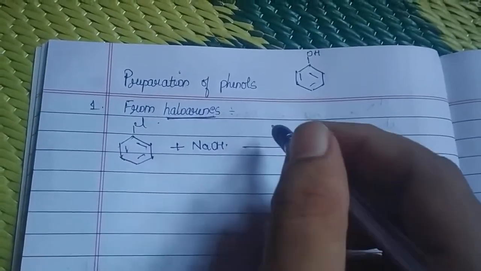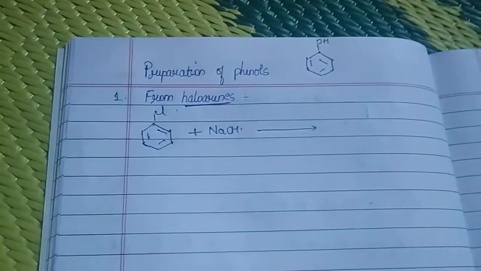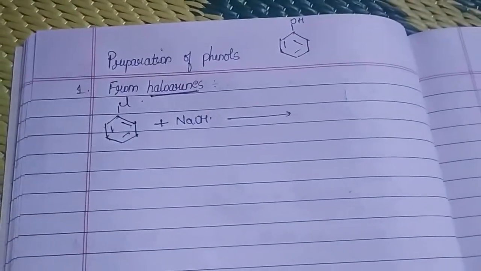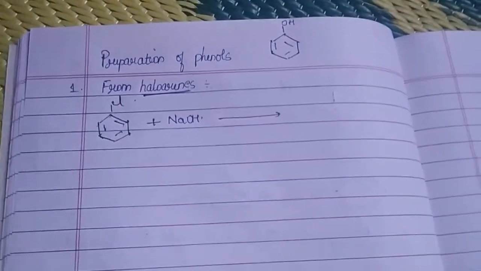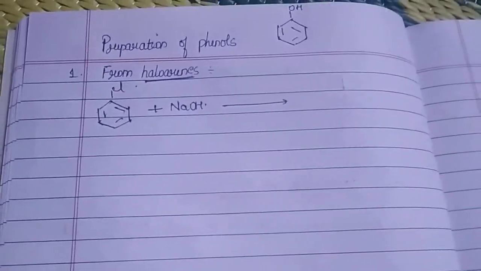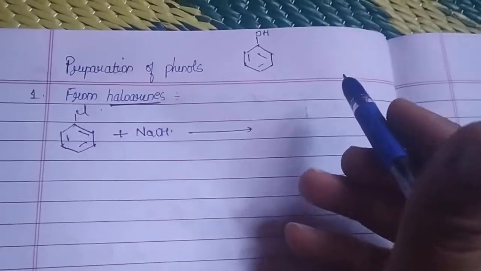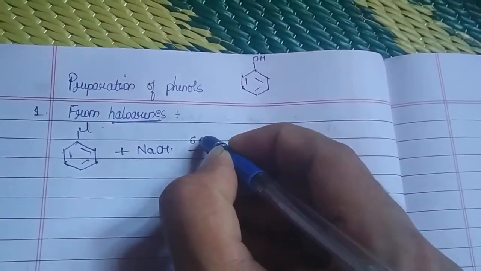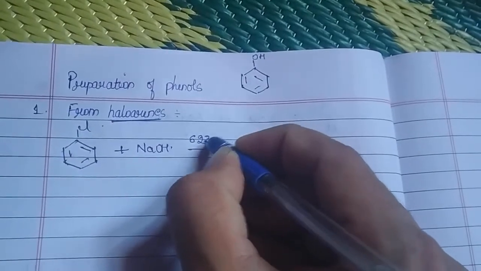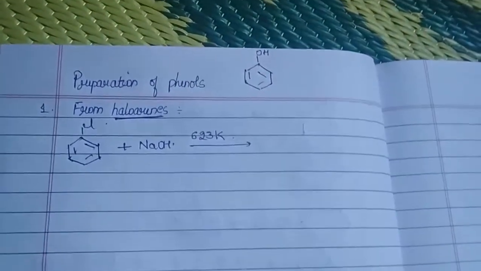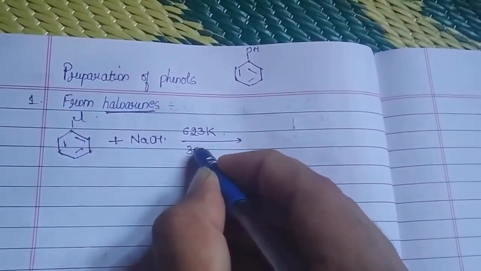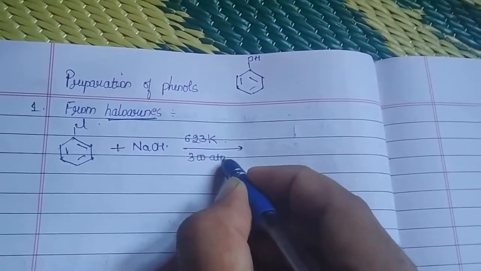Because nucleophilic substitution reactions of haloarenes are very difficult, and we have seen why. That is the reason we have to maintain specific conditions of nearly 623 Kelvin temperature. Can you see the high temperature we are using? And nearly 300 atmospheric pressure.